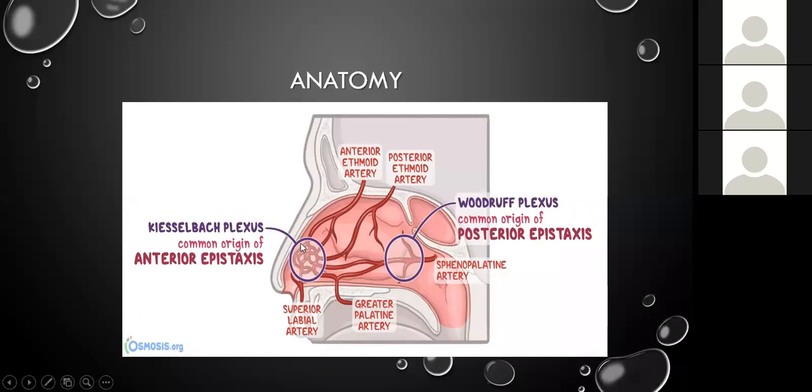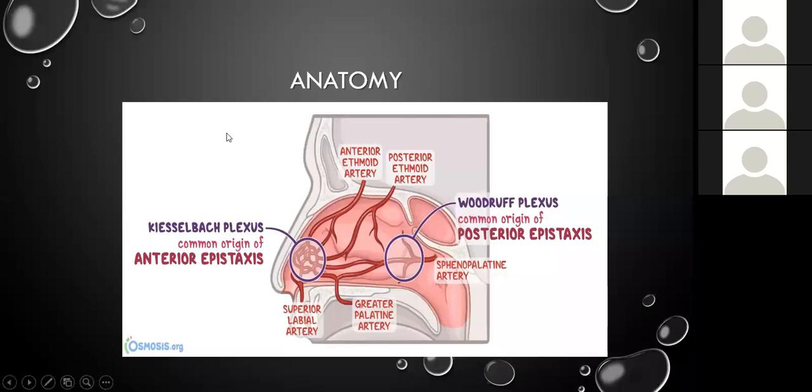There are two people who described it initially, Dr. Little and then Kiesselbach. Kiesselbach describes the plexus, while Little describes the area.